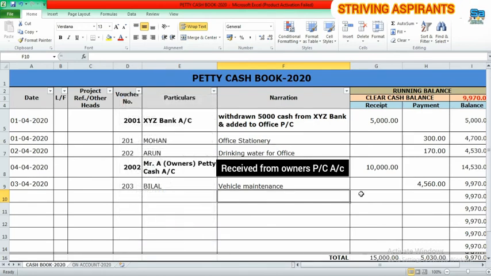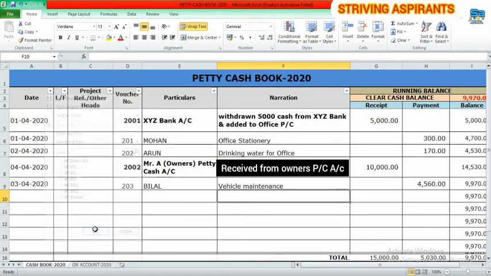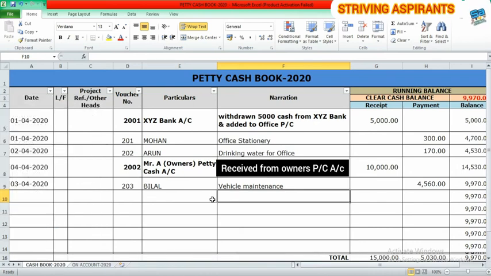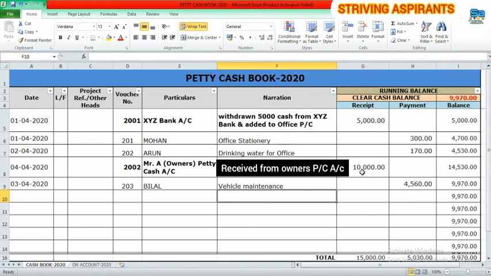So we can check according to our convenience. If we need to check any voucher, we can check that one particularly. Also, if we need to check a particular date, we can use this header. So we have to be careful to add header while preparing the table for the petty cash book.